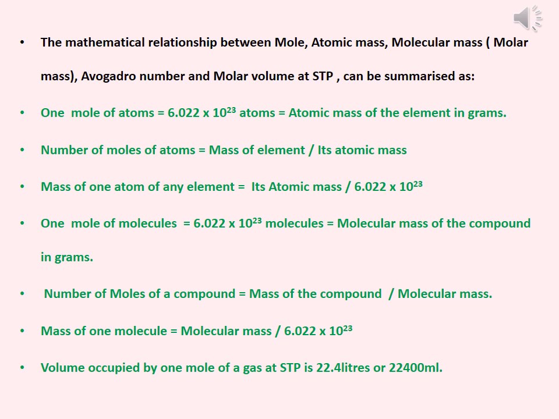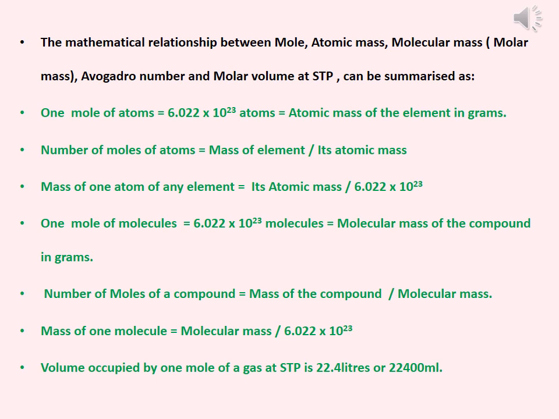For example, if I take 1 mole of carbon dioxide molecules, it will have 6.022 into 10 power 23 molecules, a very huge number of molecules. 1 mole of carbon dioxide is equal to 6.022 into 10 power 23 carbon dioxide molecules. And what is its mass? Its molar mass or molecular mass is equal to 44 grams. Molar mass expressed in grams.